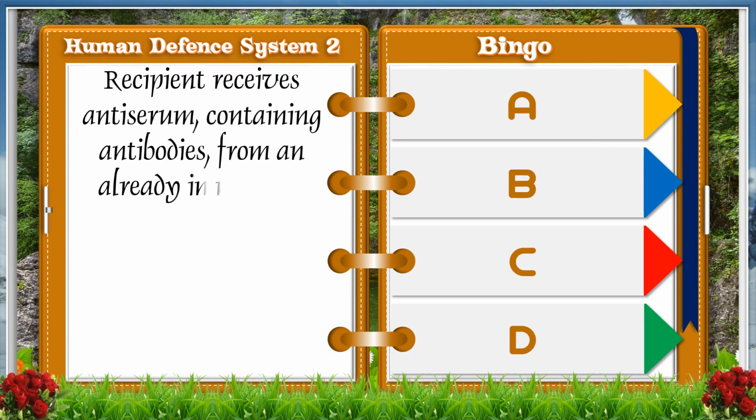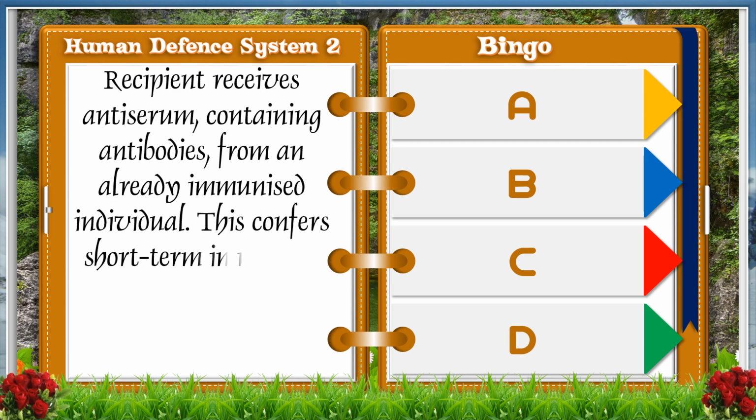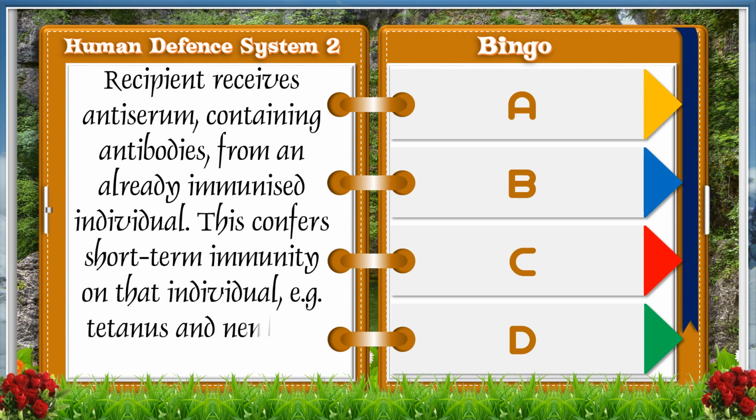Recipient receives antiserum containing antibodies from an already immunized individual. This confers short-term immunity on that individual. For example, tetanus and newborn babies.